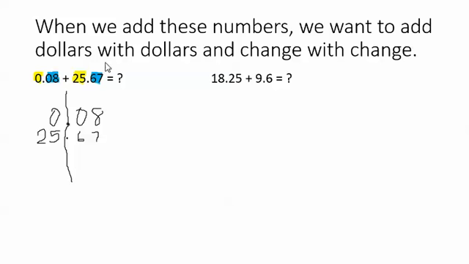For example, mistakes you might see are kids actually move the decimal point in order to get it to line up the way they want it to line up. You can't move the decimal point to line it up because the decimal has already delineated dollars, change, dollars, change. If you moved it, you changed the meaning of that number, right? So the decimal points line up because the dollars line up with the dollars and the change lines up with the change.